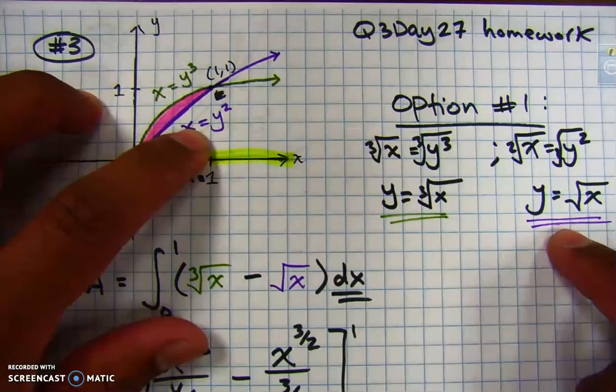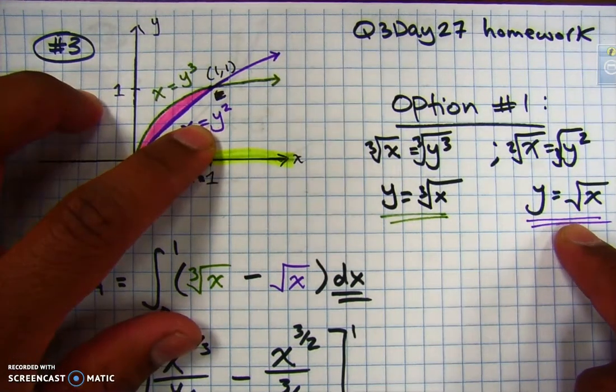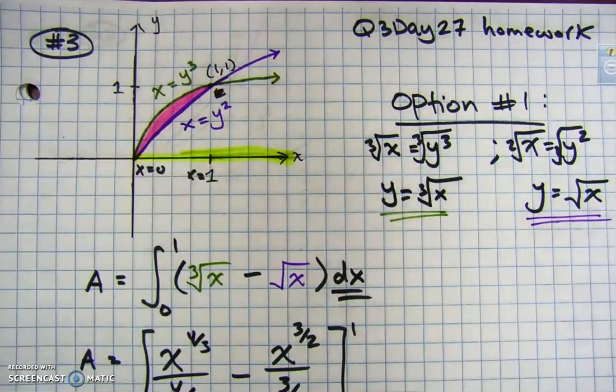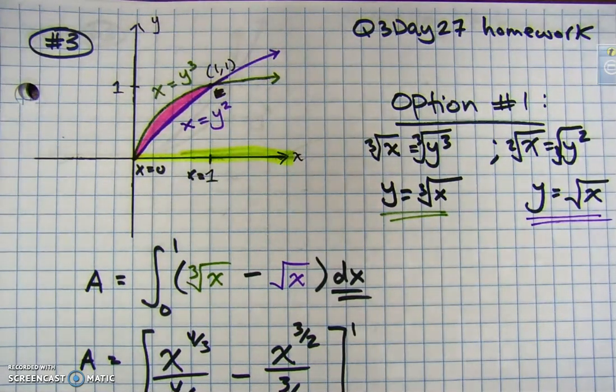So x equals y squared and y equals radical x are inverse functions of each other. If you remember from your previous math class, inverse functions are reflections across the line y equals x.